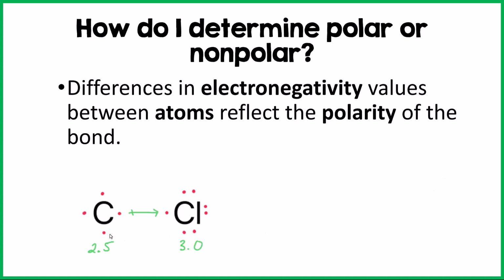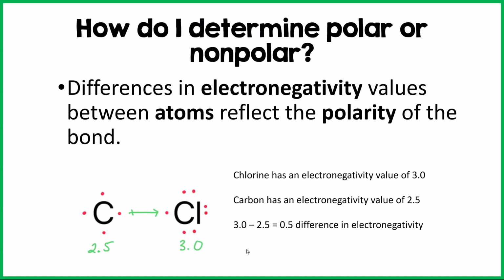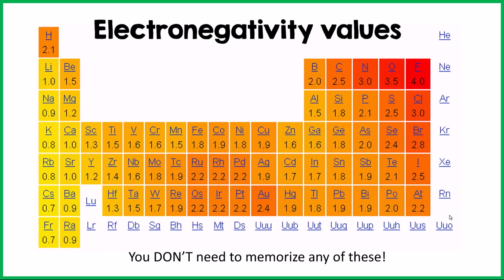So here, if we have a bond between carbon and chlorine, the electronegativity value of carbon is 2.5, and the electronegativity value of chlorine is 3.0. And so this is going to be a difference in electronegativity of 0.5. And so what exactly do we do with those numbers? Well, here's where the numbers came from.